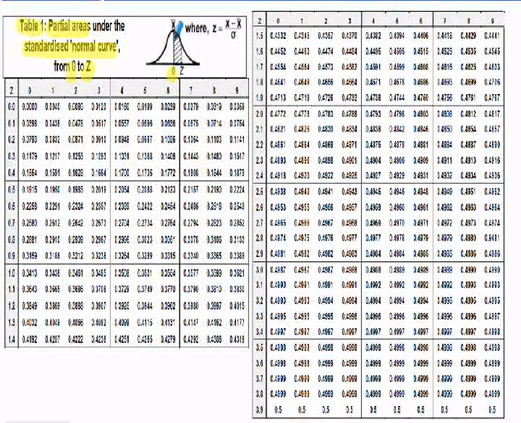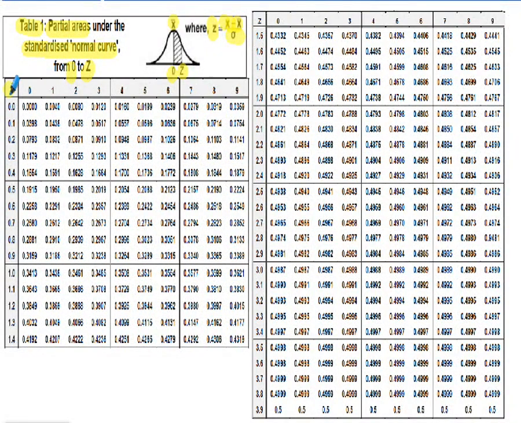Don't forget the 0 variate relates to the middle of the curve, the x bar value, and then we have a plus or minus z variate, depending on our values given, so the z can be to the right or to the left of the x bar. And as mentioned previously, the z variate is calculated by x, take away x bar, over the standard deviation.